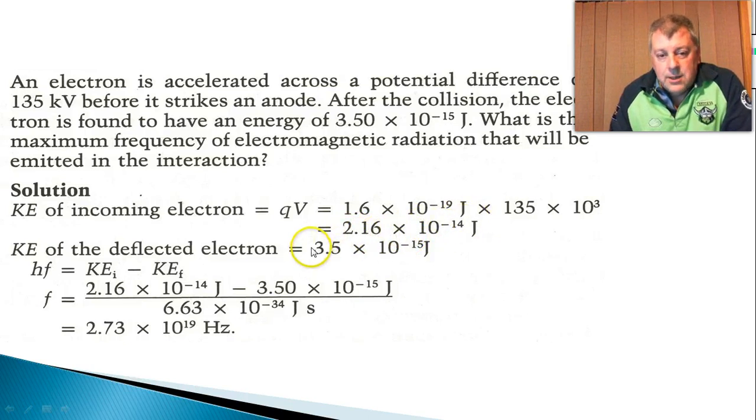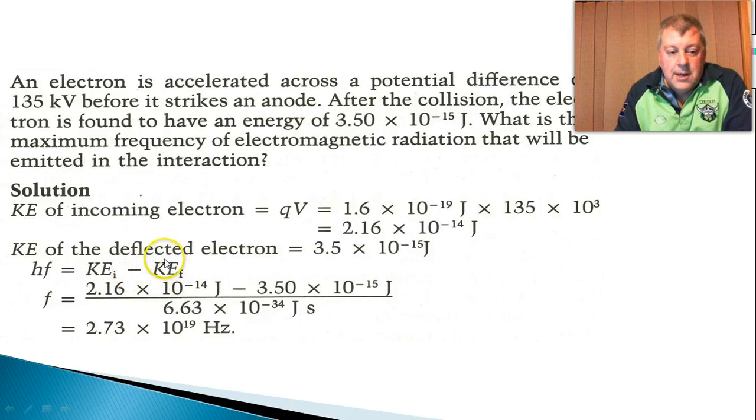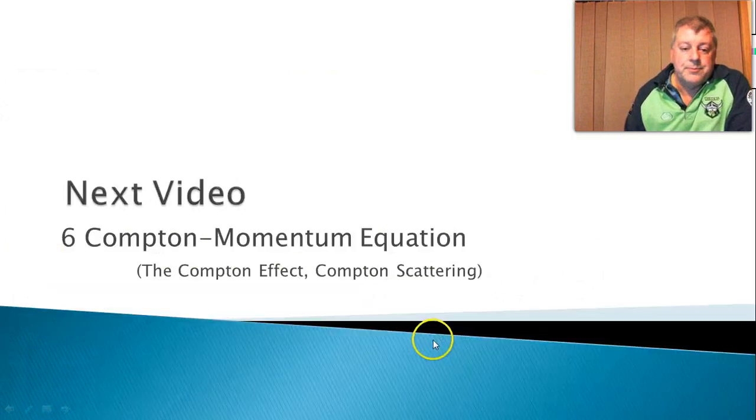The deflected one has this amount, so if we subtract this from this, we should get the difference, and then if we divide it by Planck's constant, we would actually get the frequency, because E equals hf, which is what this is saying here. So the kinetic energy initial minus the kinetic energy final is the change in energy, or the energy remaining, and that gives us the photon.